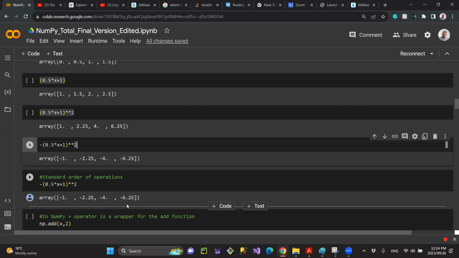What is the original x? 0, 1, 2, 3. And if you say plus 2, what do you think? It's like making this one the same size as the original and adding 2 to every single one of them, right? It's like broadcasting.